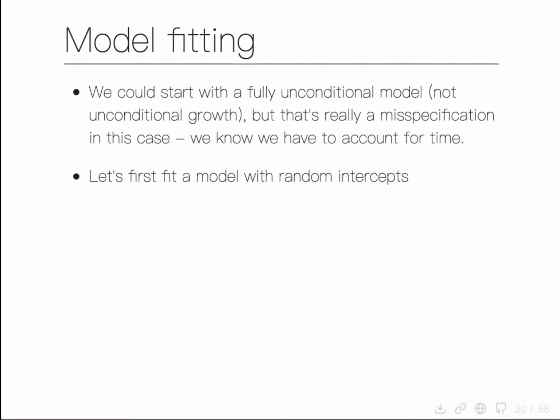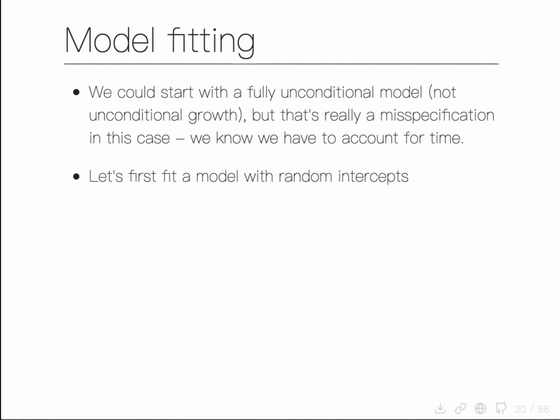Okay, so model fitting. We could start with a fully unconditional model, not an unconditional growth model, just an unconditional model. But in this case, I would argue that's a misspecification, because we know coming into this that we have a within person design, and so we want to estimate something more than just a mean for each student across those time points, right?